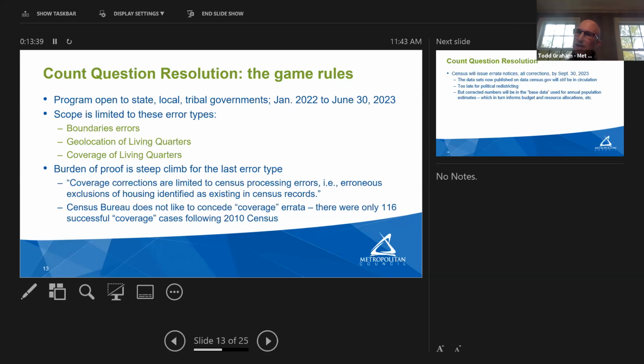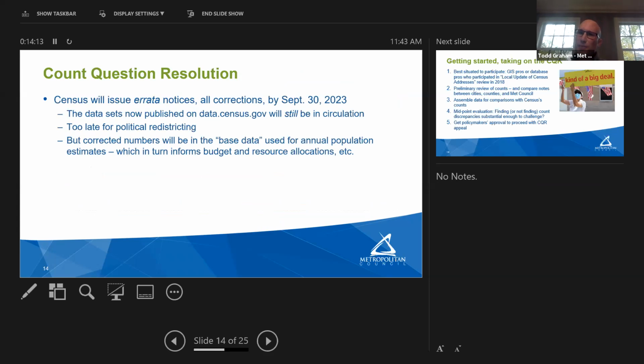On the other hand, if census staff find that the missing apartment building was not an address that it ever had, so it was never in a census database, then they would say, too bad, so sad, you are late to tell us this. If missing addresses were never in a census database, they are going to close that case, refuse to correct the error. They would say that it's not their error, and they will not issue a remedy. So this ends up being really a very high hurdle.